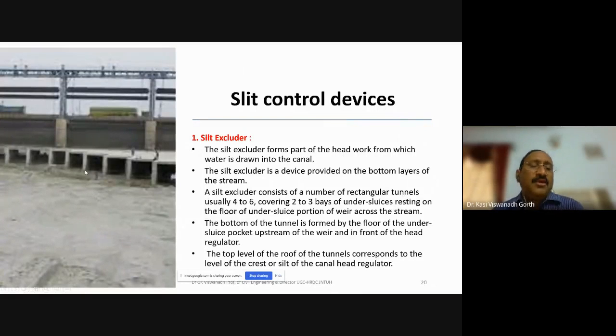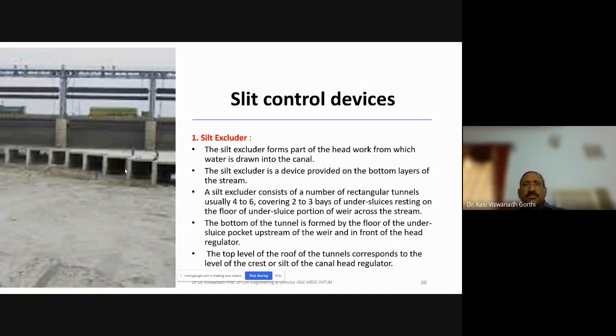In the figure you may note here the silt excluder in the form of tunnels. So these are all boxes. What we are seeing are the tunnels. This will be provided at the undersluice portion. Already we have seen in the previous figure that there will be a weir wall, and for this weir wall we have a fish ladder and a divide wall, followed by the undersluice.